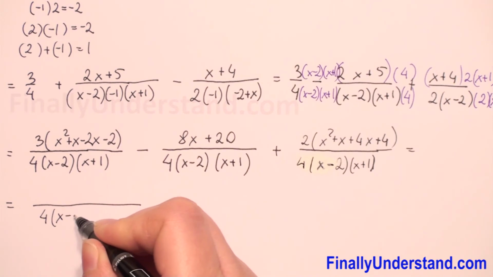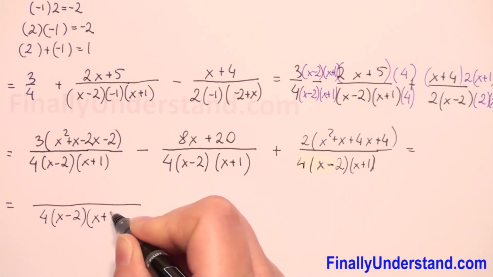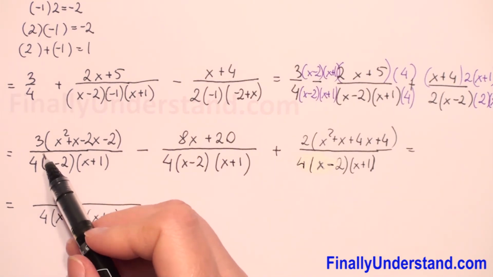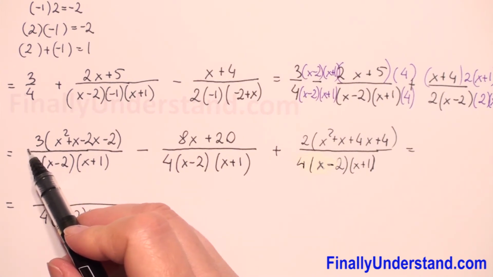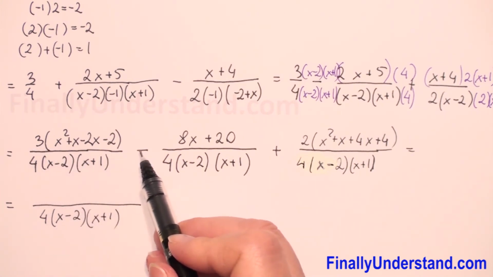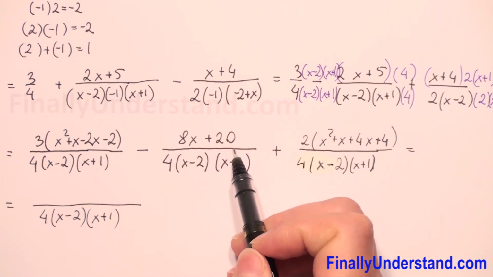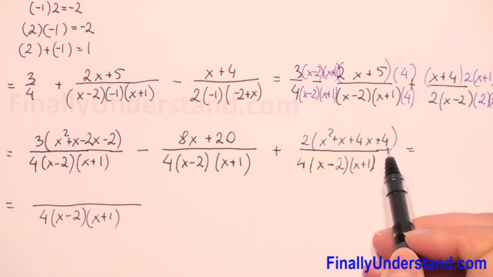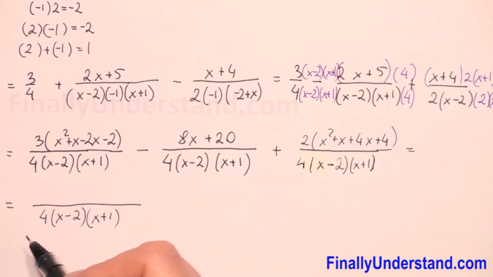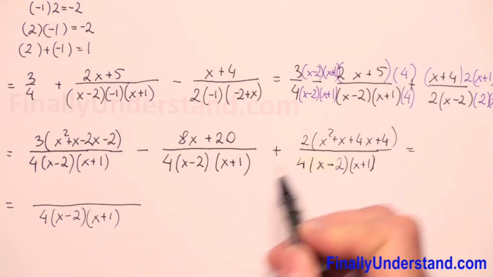4 times x minus 2 times x plus 1, and first we will start from the left side. We have to do multiplication here. Next we have to subtract the second numerator, and we have to add the third numerator. But first we have to do multiplication, of course.